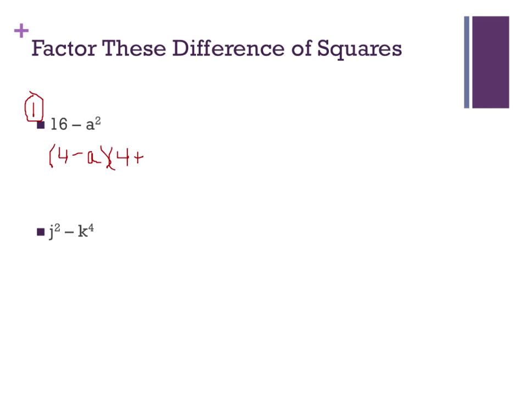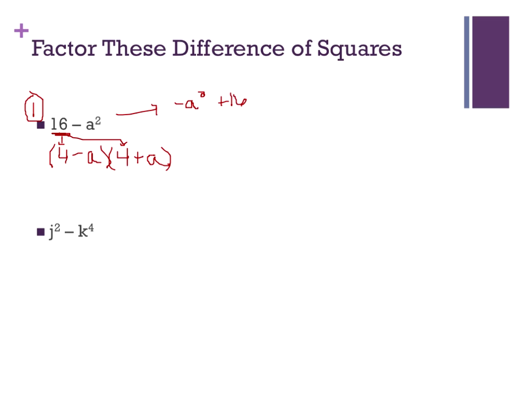Okay, good. A lot of you have come up with 4 minus a times 4 plus a. What you recognized was that 16 was my first square. So because 16 was my first square, I needed to put that into the first position, and then my a squared came next.